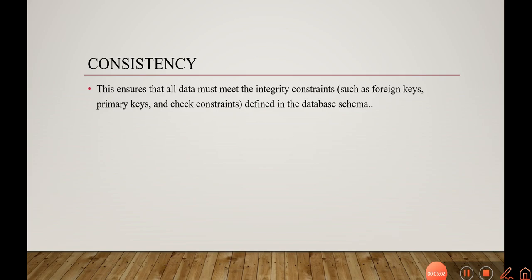Technically, with respect to databases, it ensures all the foreign keys, primary keys, and other constraints, like NOT NULL, where this column or that column should be not null, are properly defined in the database schema. If all these constraints or rules are satisfied, then of course that represents consistency.